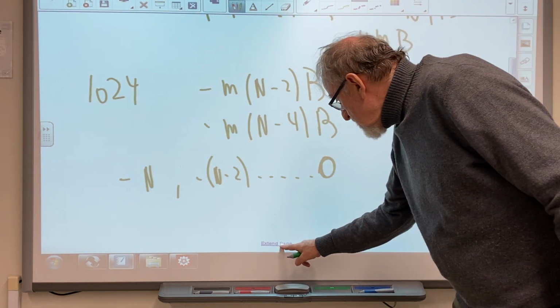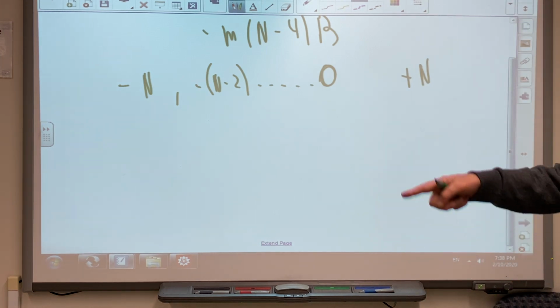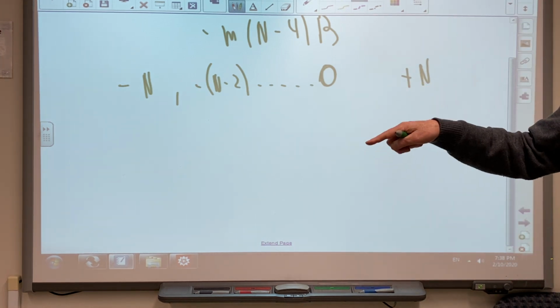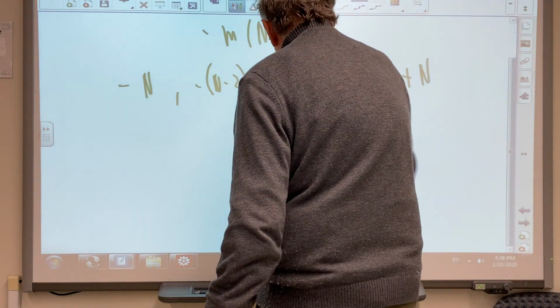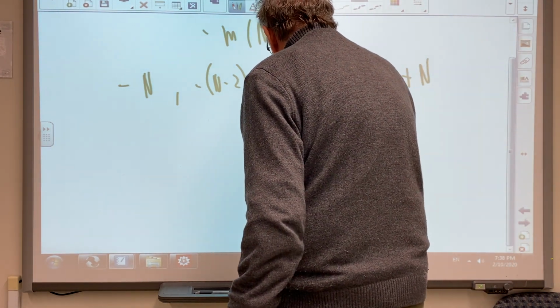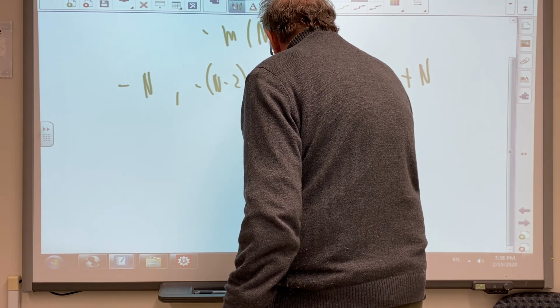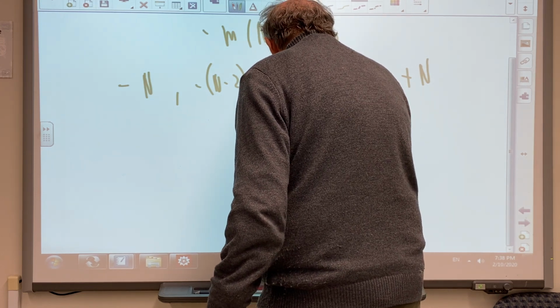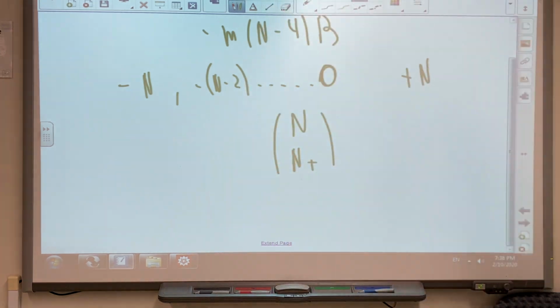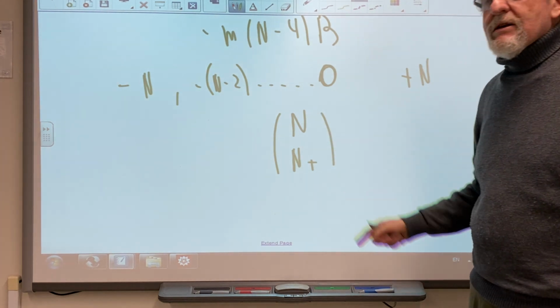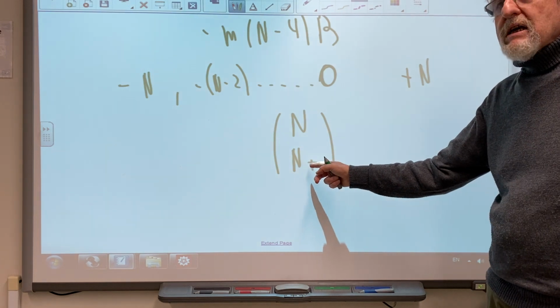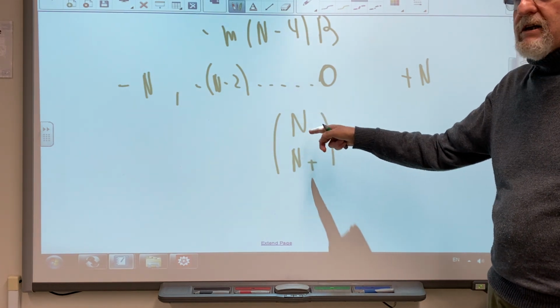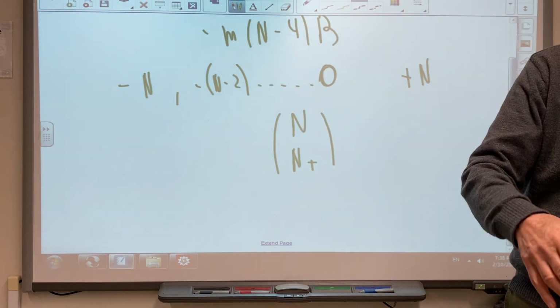So you see, in general, the number of states associated with one given level of energy will be the combinatorial of n choose n up, let's say. Okay, if n up happens to be equal to n, there is only one way. If n up happens to be n minus 1, it's the combinatorial n choose n minus 1, which is the number n.